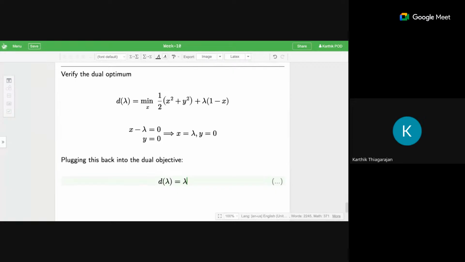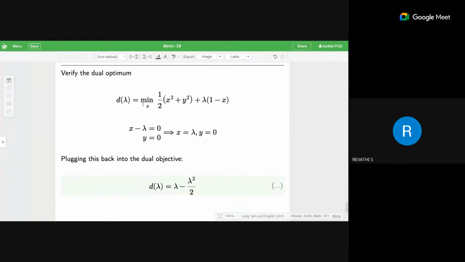So it is lambda minus lambda square by 2. Is that correct? Yes, sir. Okay. So this is nothing but lambda into 1 minus lambda by 2.